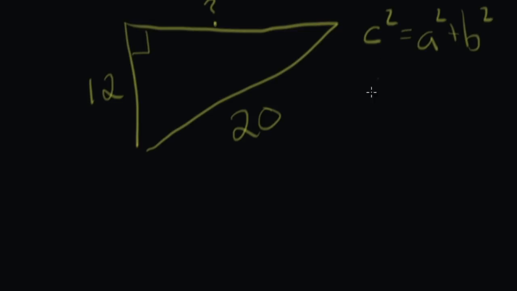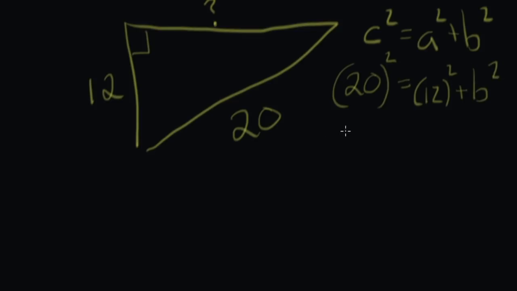Let's replace things, and I'll use brackets just to be very obvious. So that's 20 squared. Does it matter if you call this A or B? It doesn't. These two sides are interchangeable. So just for fun, I'll call the 12 the A, and then we're trying to find out what B is.